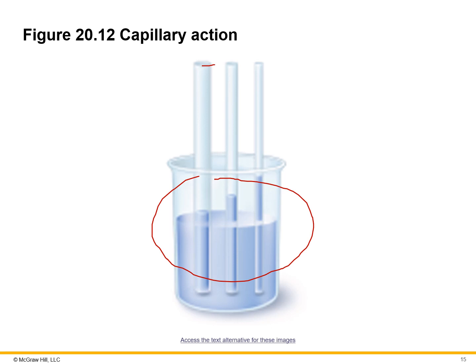This is also showing that the smaller the diameter, like this little one here, the more attraction. It can pull the water up farther than a wider diameter. So that goes in with those vascular bundles. They are thin, small diameters. That allows the water to move farther up the stem than if it had wide cells where less water would be pulled up. So it loses that pressure.